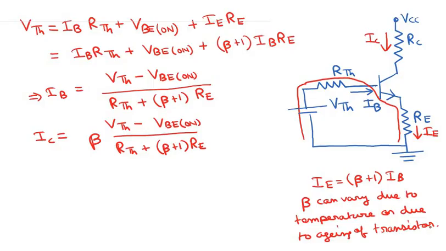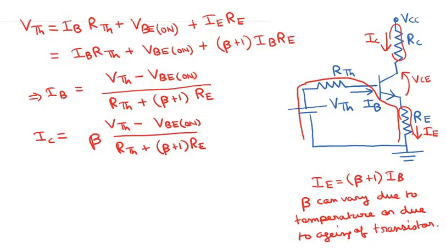So these are various factors in which beta can vary, and if beta varies, then the collector current also tends to increase. And if the collector current increases, then the voltage drop across this RC would increase, and the voltage drop across RE would also increase, because an increase in collector current also means an increase in emitter current. So basically this VCE would change.